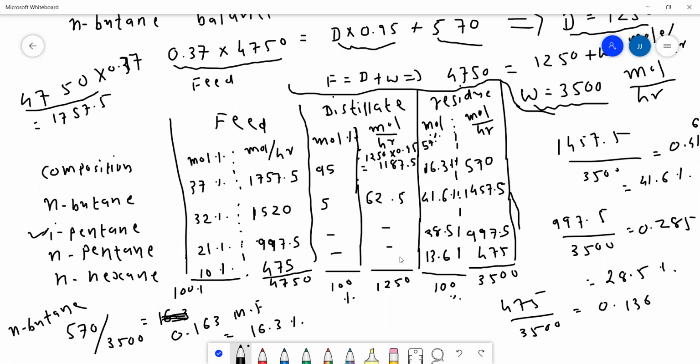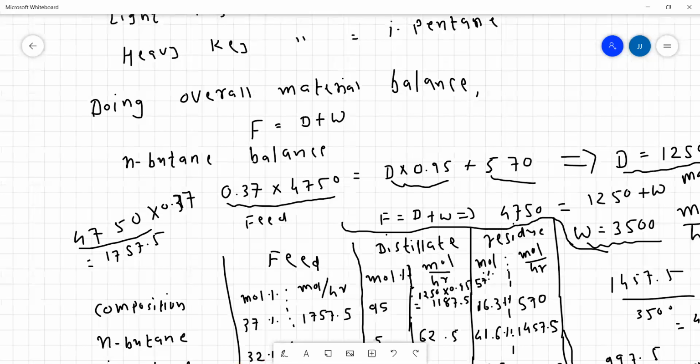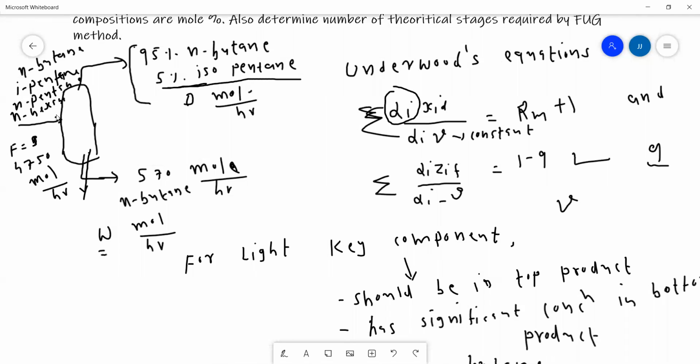Now, in our problem statement, we have to determine the minimum reflux ratio first. Generally, the distillate vapor leaving this column is always at dew point temperature, and the liquid is always at bubble point.